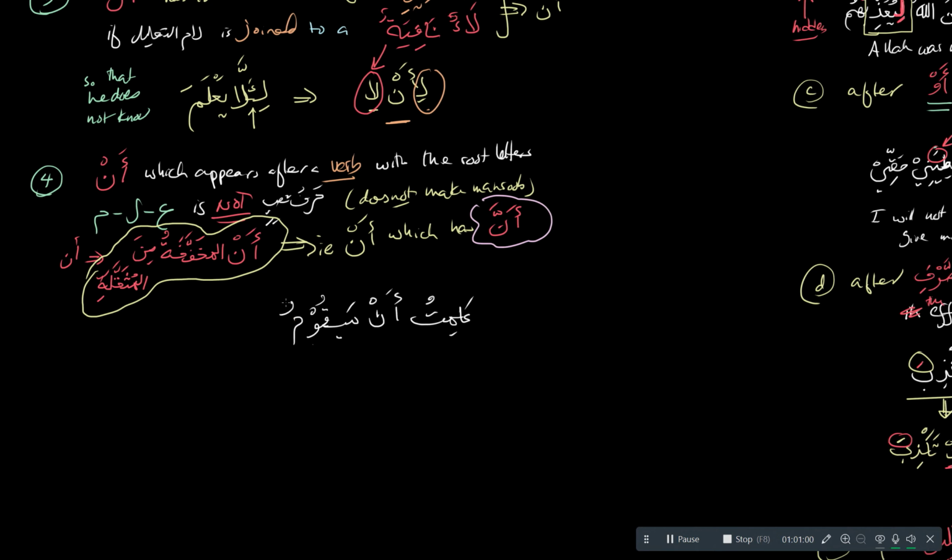I knew that he will stand up. I knew that he would stand up. Okay, so remember, here are the root letters, "alimtu," I knew. And then there's an an following it. Okay, so it has a hidden anna in this. That's why it's like that.